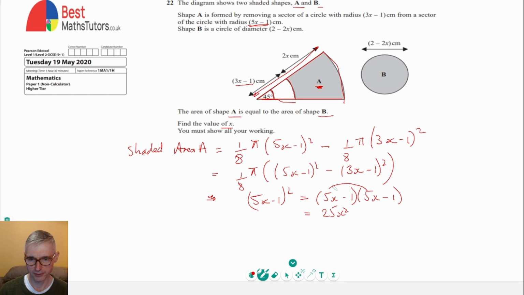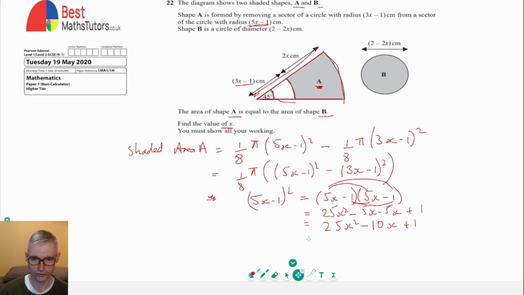Then I've got 5x times -1 is going to be -5x. Got -1 times 5x again, which is another -5x. And then -1 times -1 is actually +1. So if I tidy that up, I've got 25x squared minus 10x plus 1.